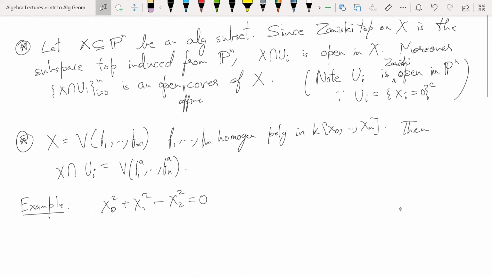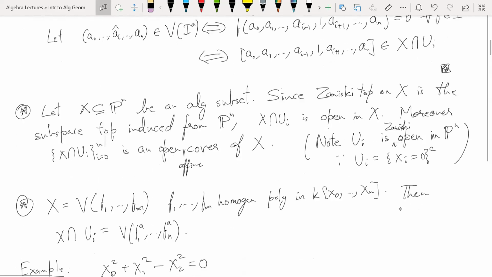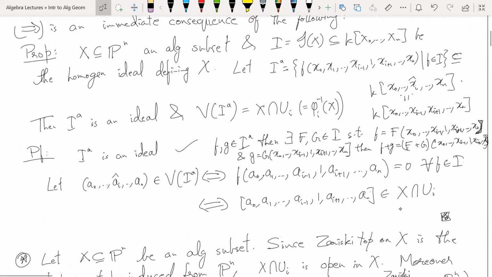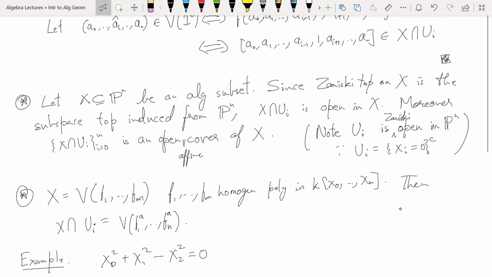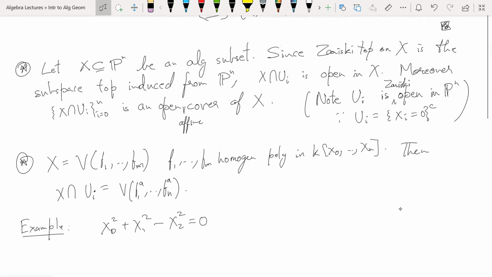Okay. So in fact, as I said, you don't have to take I to be the ideal of definition of X. If X is the zero locus of some homogeneous polynomials F1 to Fm, then X intersection Ui, you can get it by taking a dehomogenization.